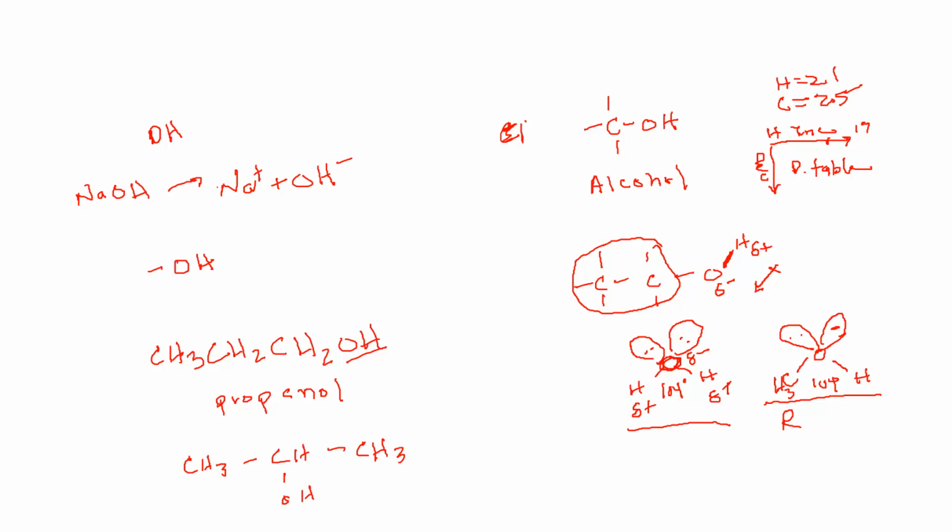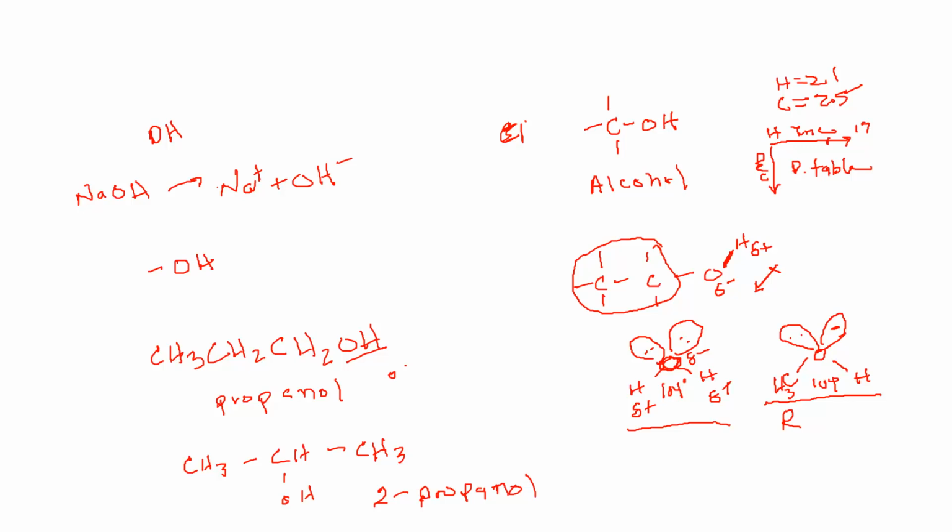This would be 2-propanol. So these would have different chemical and physical properties. Propanol is called a primary alcohol, and sometimes we just write it like that, 1 degree.